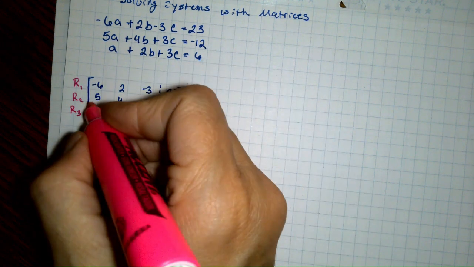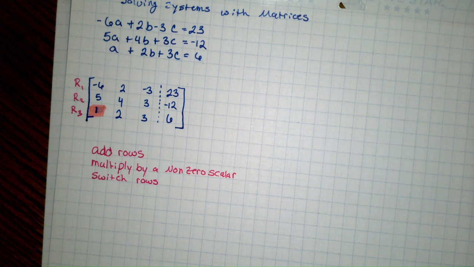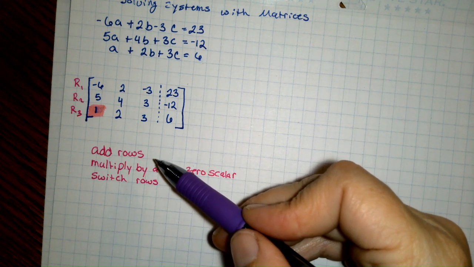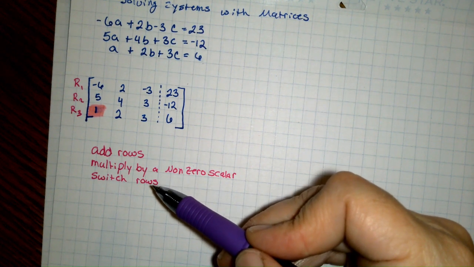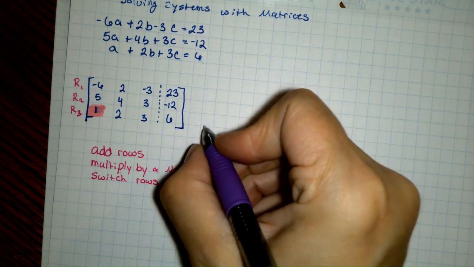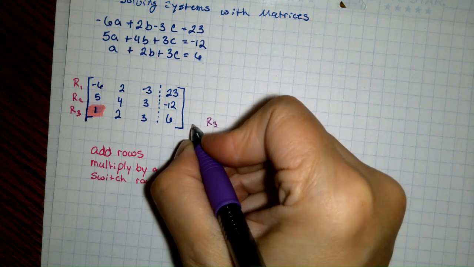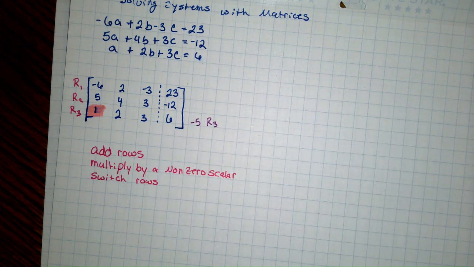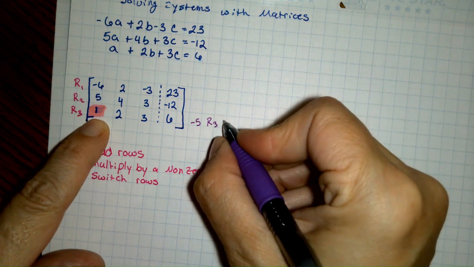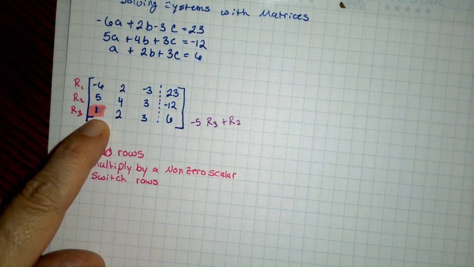Our goal in step 1 is to get a 0 in that location. So our goals are to gain zeros in certain locations. I can either add rows, multiply rows, switch rows, or do some combination of both. So if I were to take row 3 and multiply it by -5, that would be a -5 right there, and then add row 2, I would get a 0.